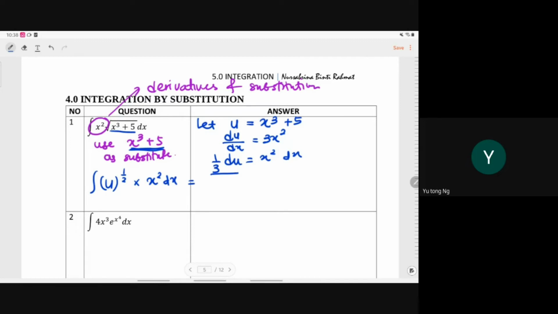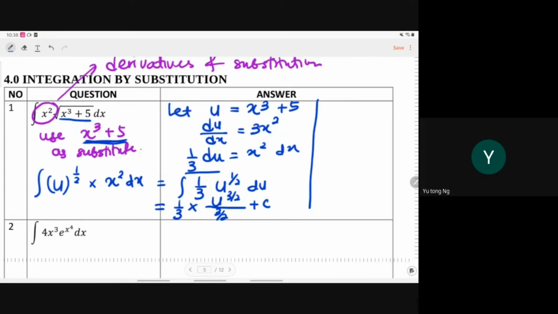So this one, integrate 1 over 3 u to the power of half du, which is equivalent to 1 over 3 multiplied with u to the power of half plus 1, so becomes 3 over 2, over 3 over 2, plus c. Lepas tu kita akan simplify.